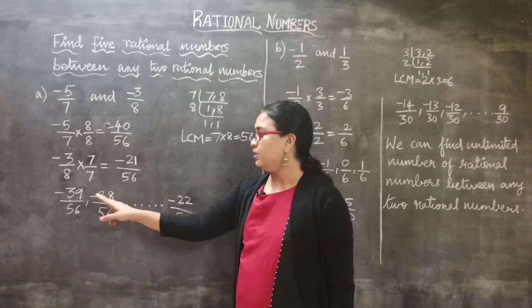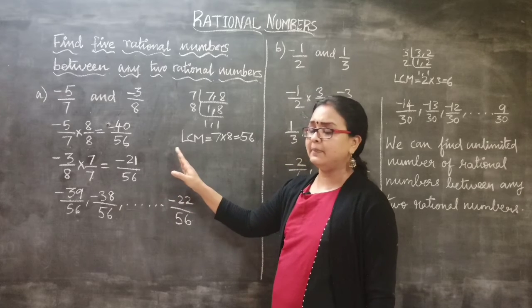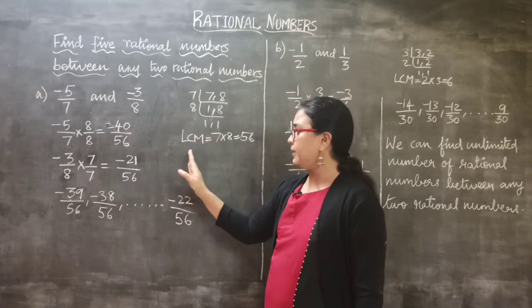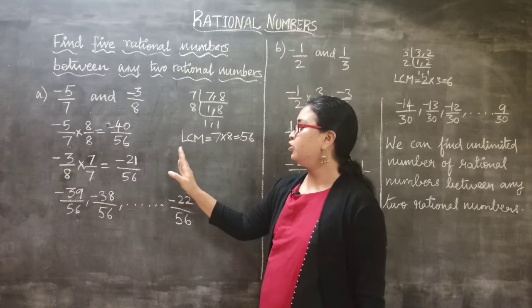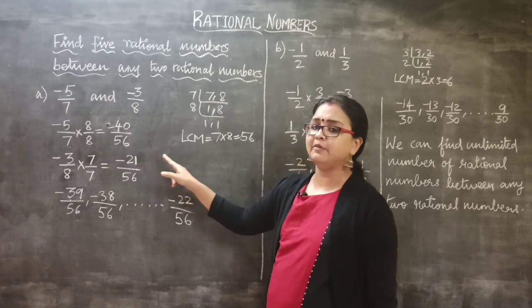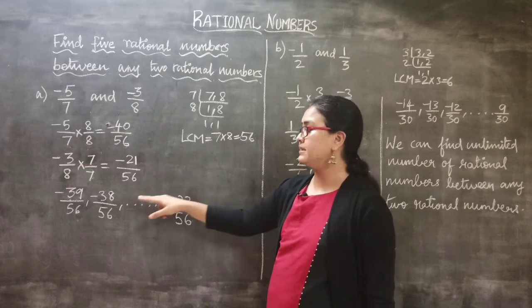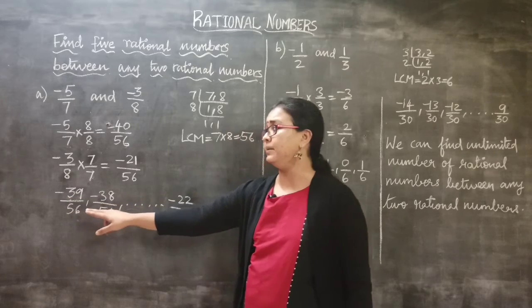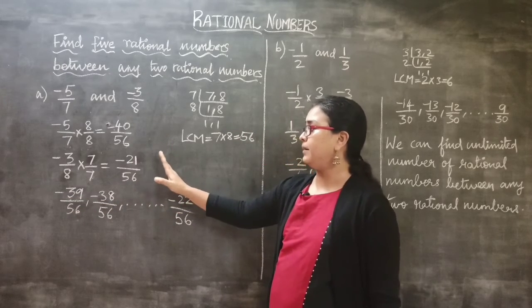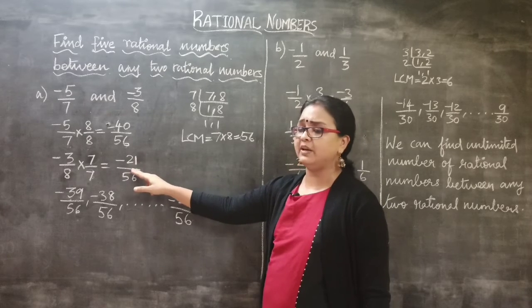So from minus 21 by 56, if I move towards the left hand side, the next number will be minus 22 by 56. That is what I have written here. And after minus 40, towards the right hand side, the next number is minus 39. So minus 39 by 56 has come here, because we need to reach minus 21 by 56.